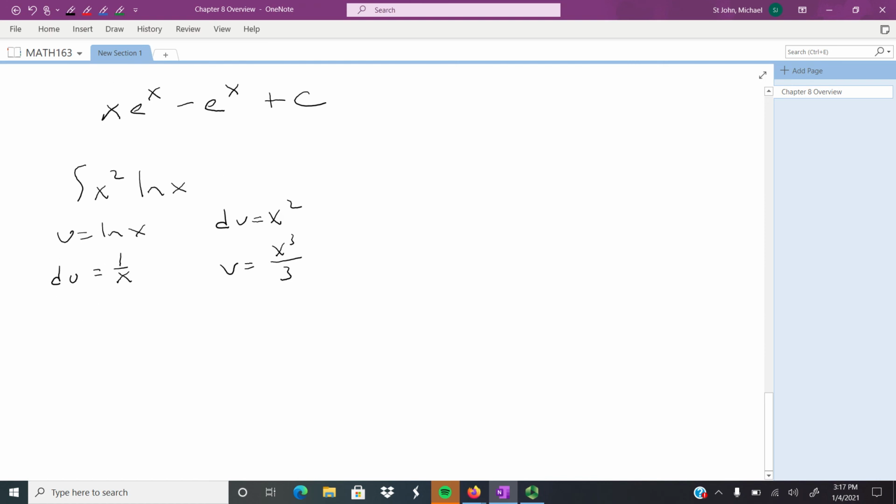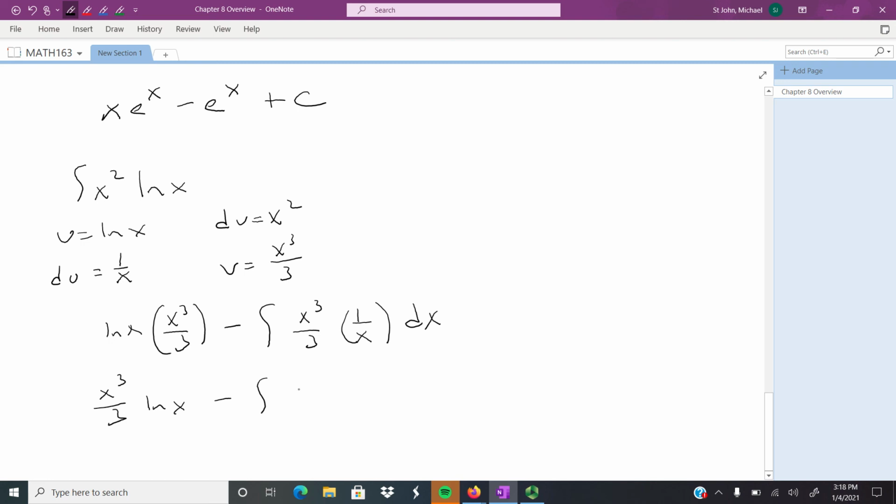So now if I plug this in, we're going to get the natural log of x times x cubed over 3 minus the integral of x cubed over 3 times 1 over x dx. And let's rewrite this the other way now. This will simplify to x squared over 3 dx.